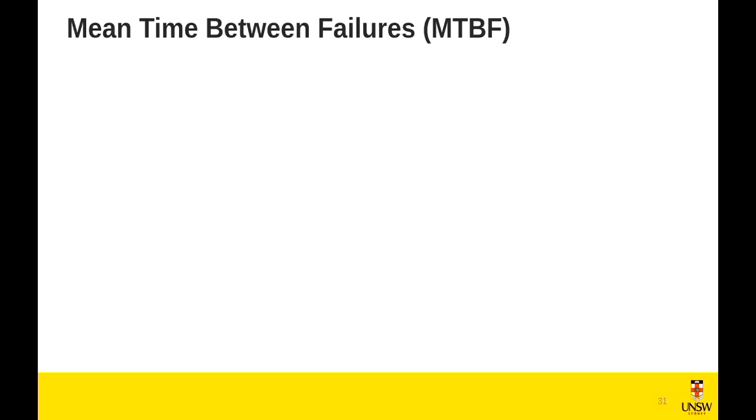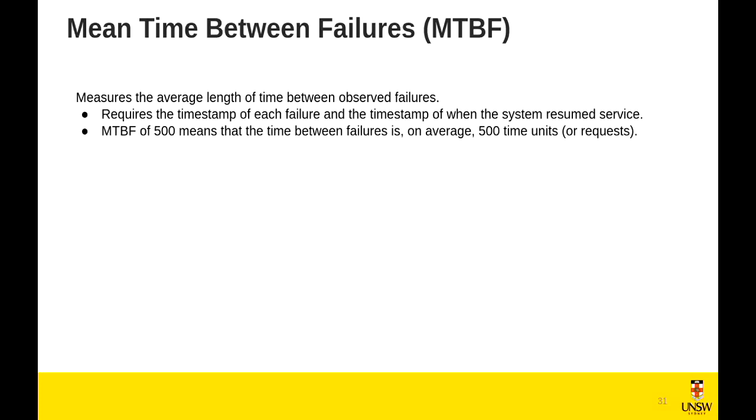And there's one last metric that we could use here, which is mean time between failures. This is to measure the average time between observed failures. So this requires us to keep track of the timestamp whenever the system runs into a failure.